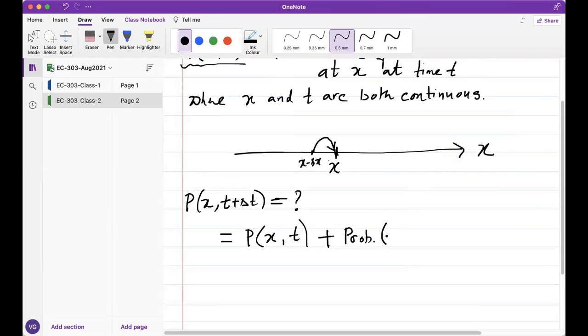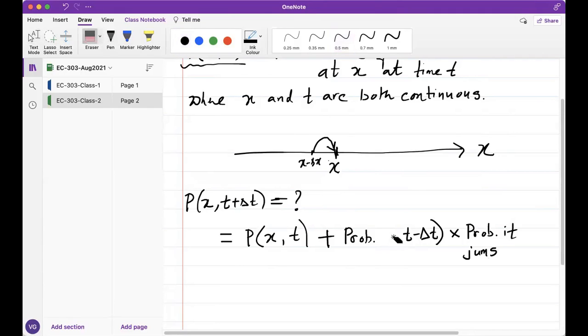So that is the probability that the animal was at x at a previous time step times the probability that it jumps. Sorry, I made a mistake.